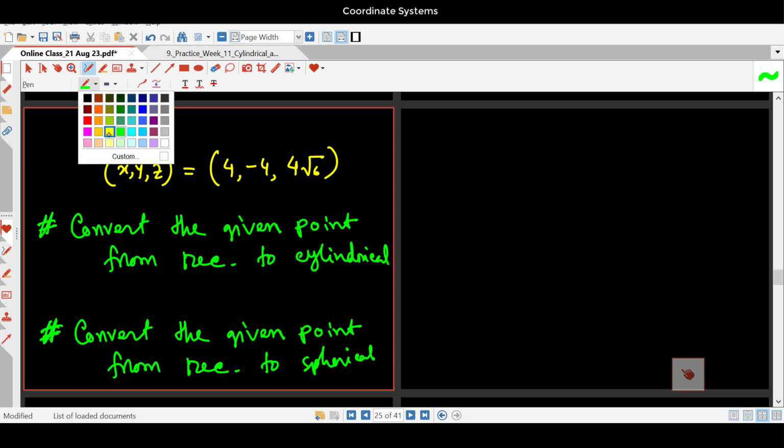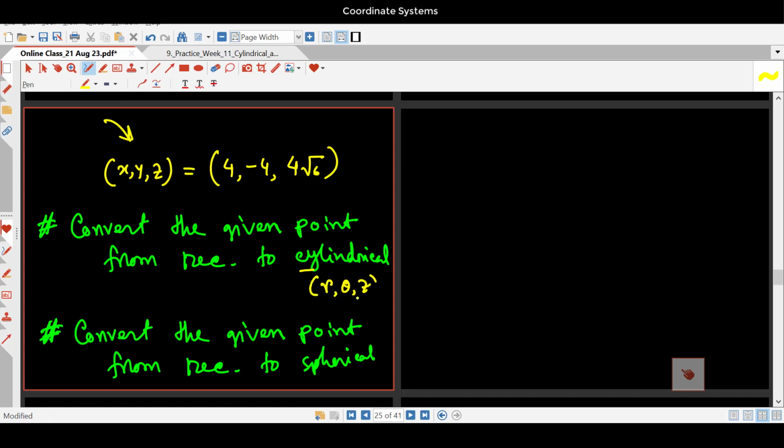So have a look. The point that we have is x, y, z. Now if we have to convert it to cylindrical, then we need r, theta, z. So we have x, y, z, then we can easily convert to r, theta, z. Similarly, for the next problem, we have x, y, z already in our hand, and we have to convert it to spherical.